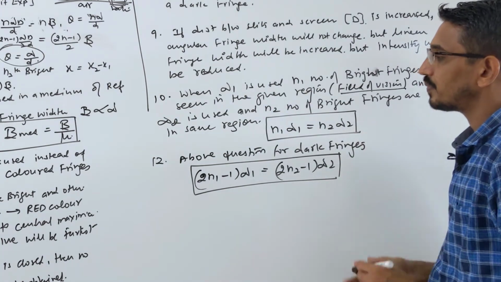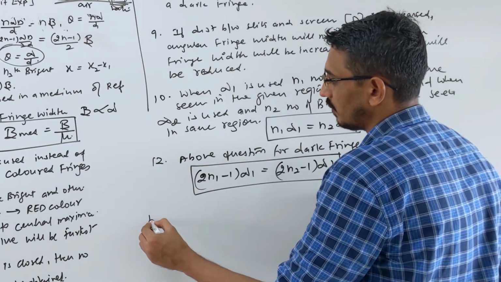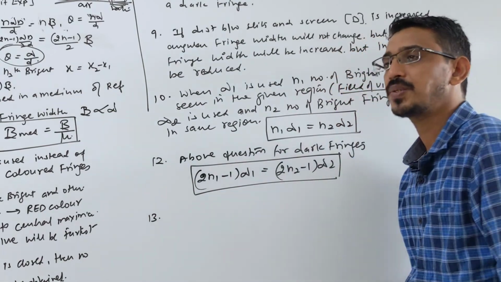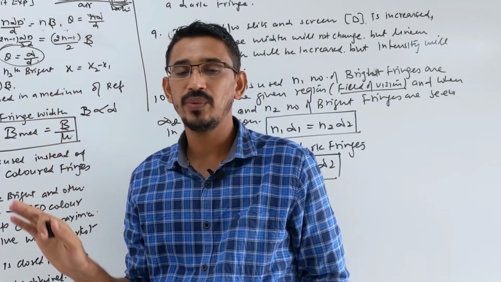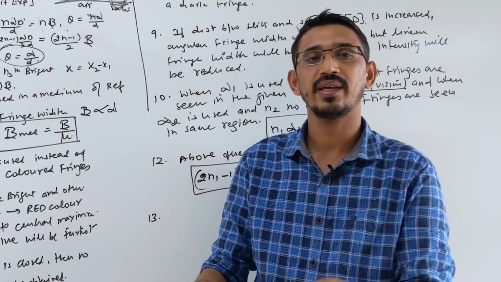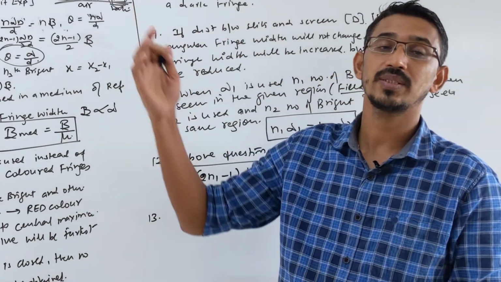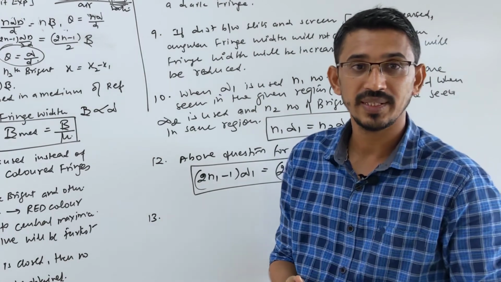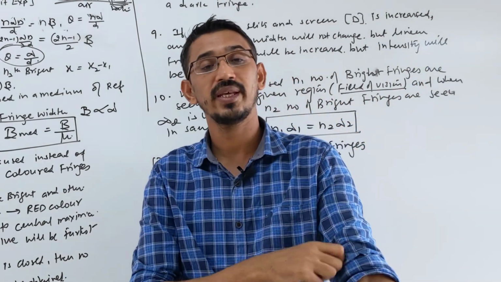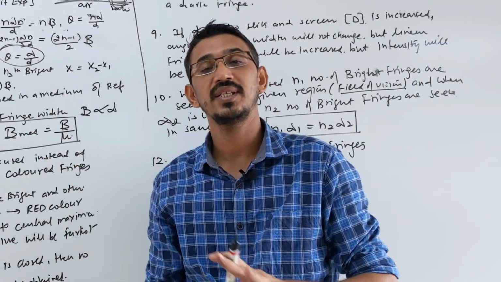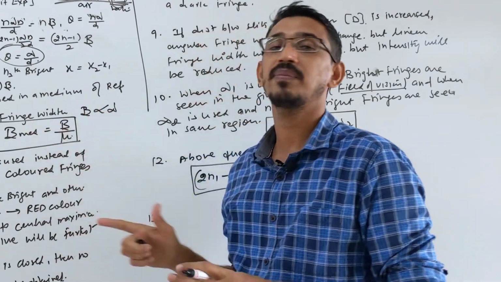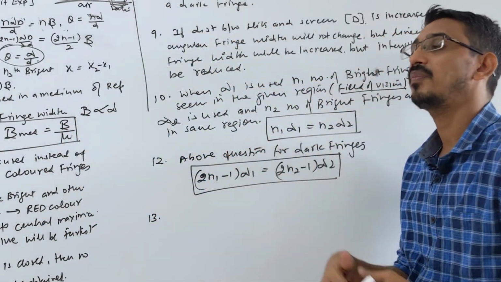Yes, look here. One more small point. Sometimes they ask this question: we do this YDSE in air or in some medium on earth. Now the same setup is taken to space where g is 0, acceleration due to gravity is 0. Then what is the shape of this interference pattern? They ask about the fringe shape. The fringes are hyperbolic in nature.